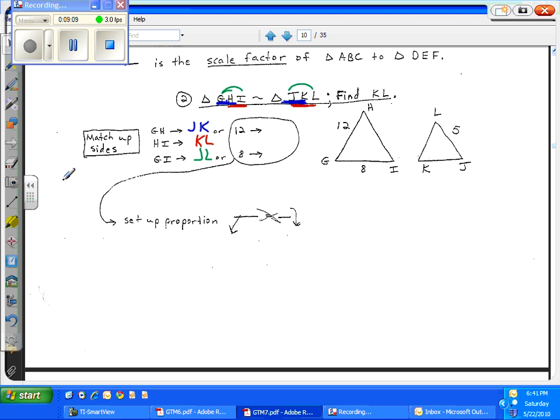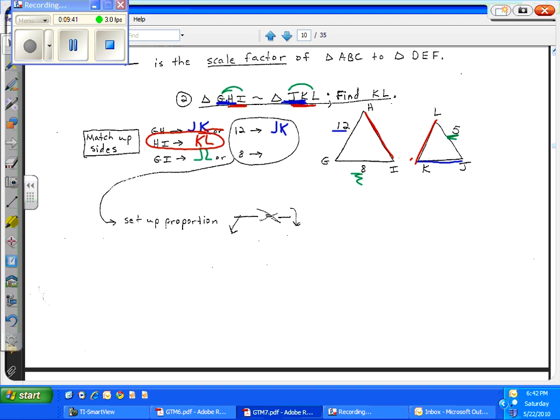So GH, which is 12, corresponds to JK, which we don't know, so we're going to leave it JK. HI, which we don't know, corresponds to KL, which we don't know. We don't know either one of those. GI is 8.